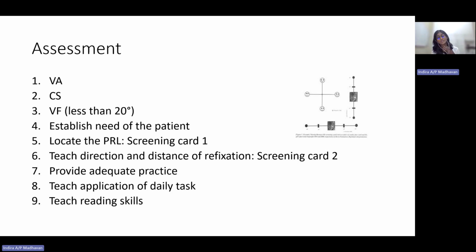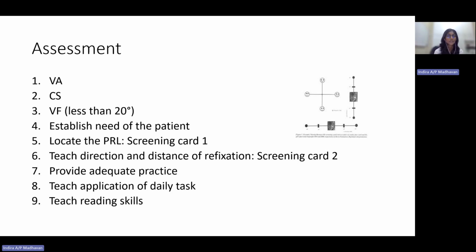So for that patient, we don't need to train them with eccentric viewing for distance. Instead, we train them only for reading purposes or the near work need. There will be another group of patients who are not using eccentric viewing; they don't know what that means.